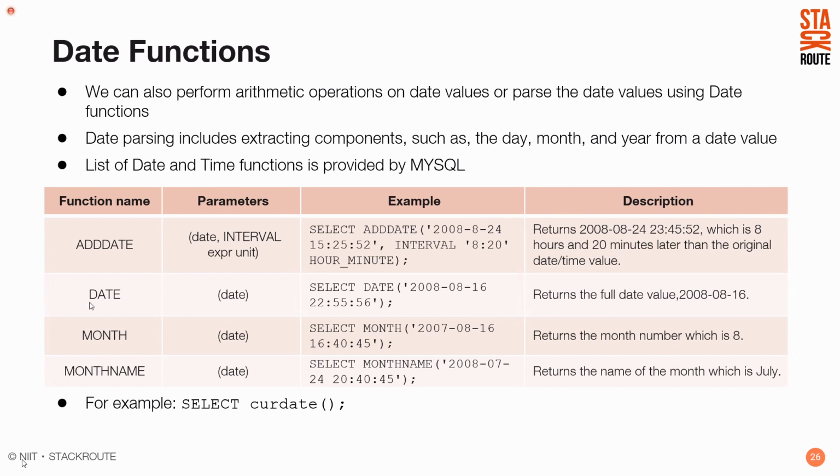If I pass a parameter and want to retrieve the date format, I'll be using date. If you pass date and time, you will get only the full date. Select month: if you pass a date and call month, it will retrieve the 8th month. If you give month name, it will give July.